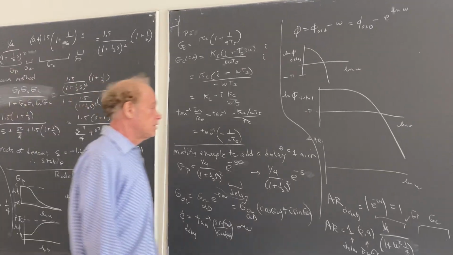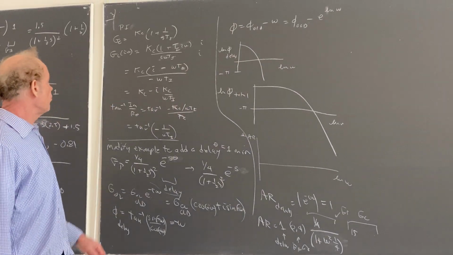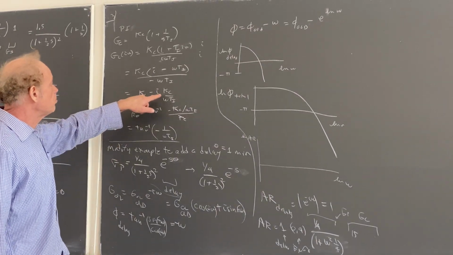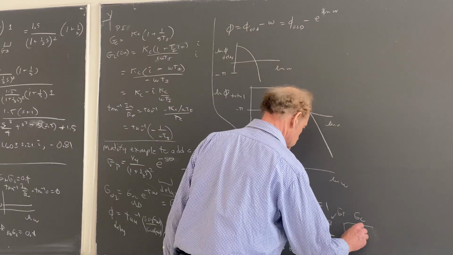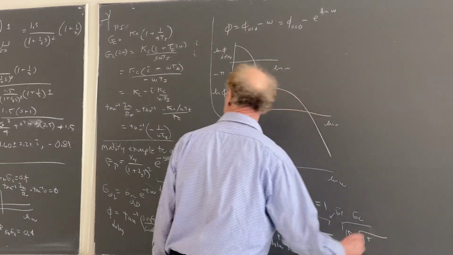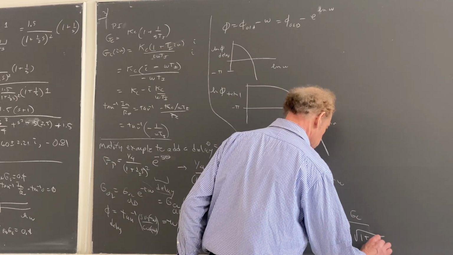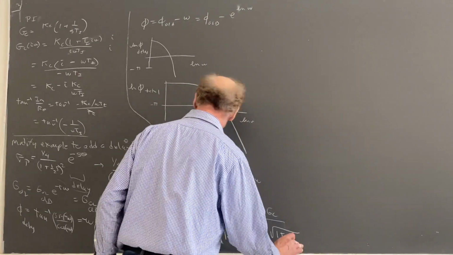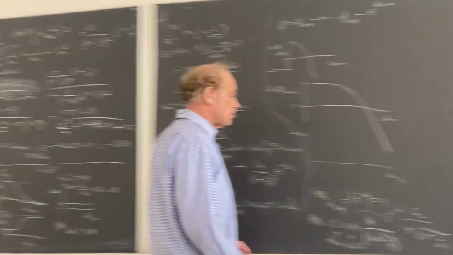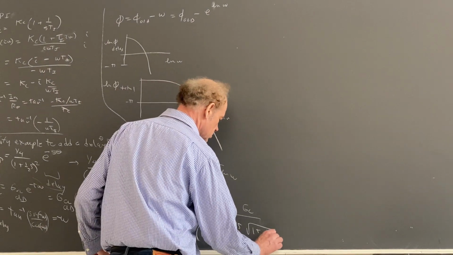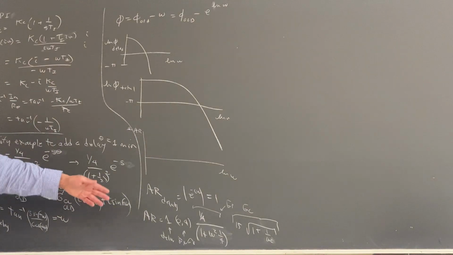So I've got 15 times the square root of 1 plus 1 over omega squared Ti squared. Ti, what's Ti? Ti is 1. So there I have the amplitude ratio.